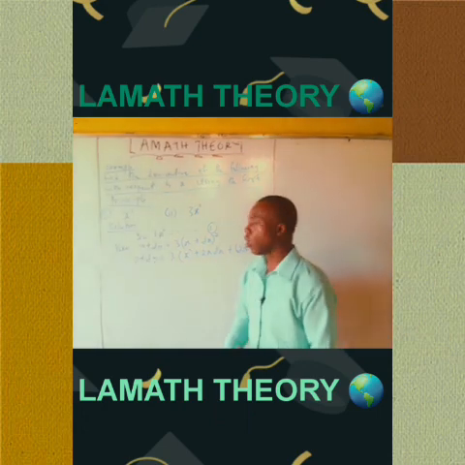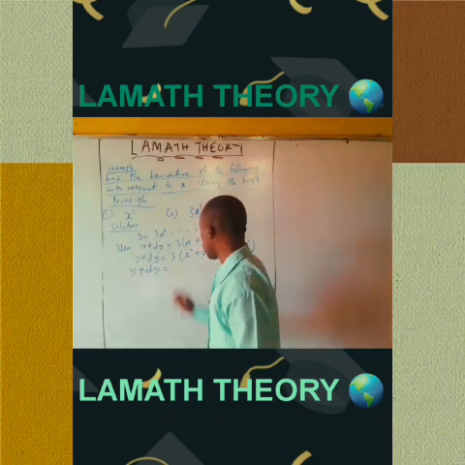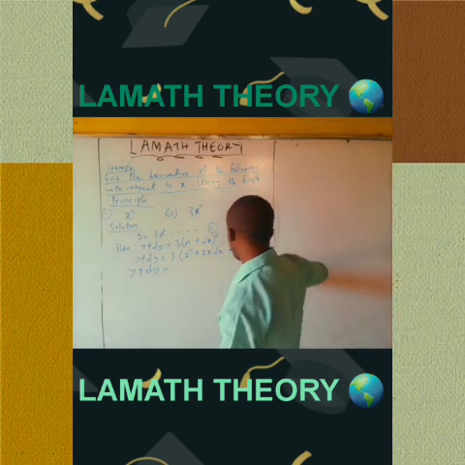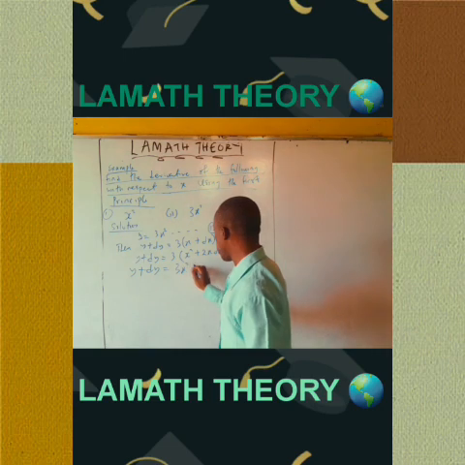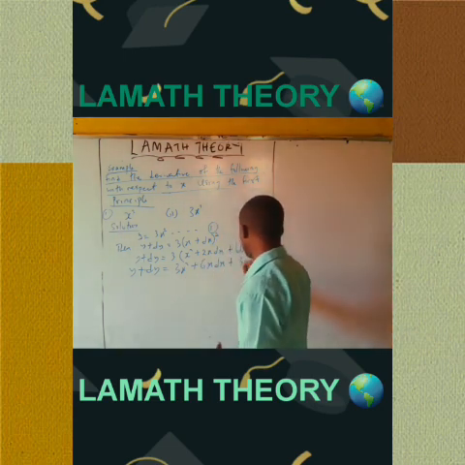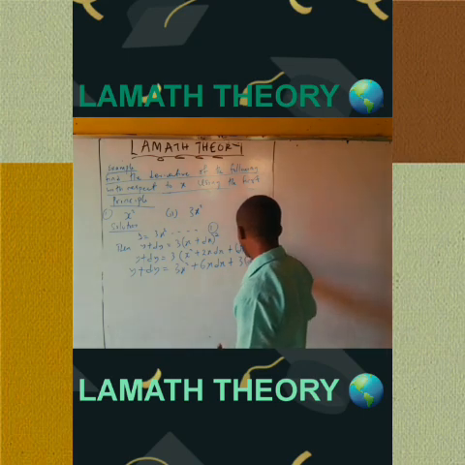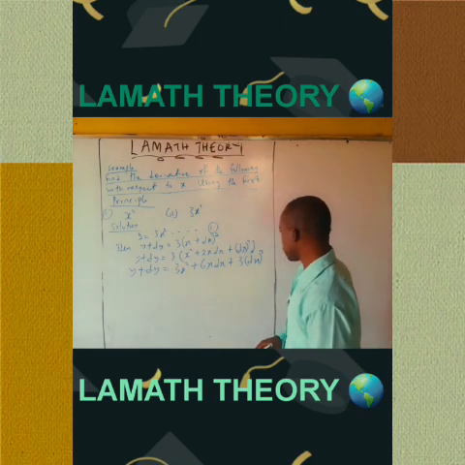Okay. So let's now have y plus dy equals, let's use this 3 to open the bracket of this. 3 times x squared, that is 3x squared plus 6x dx plus 3 dx squared. Are we together now? Okay.